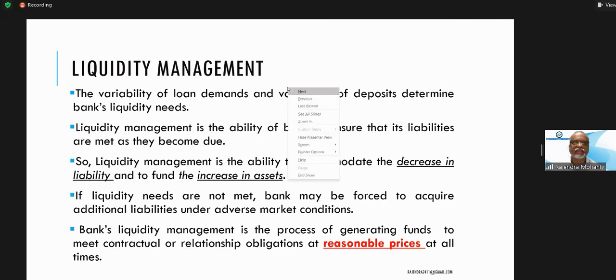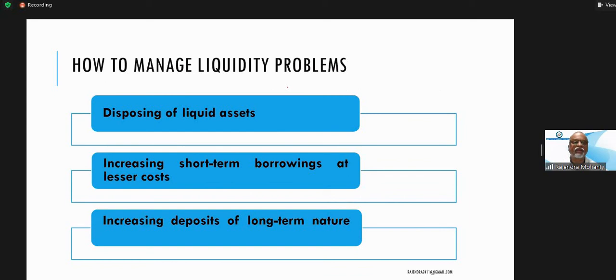So how to manage the liquidity problem? Disposing of liquid assets. If the bank is having liquid assets which can be easily converted within 1 day or within 2 hours, 3 hours, you can do so. So basically liquid assets means you have some surplus marketable securities with you.